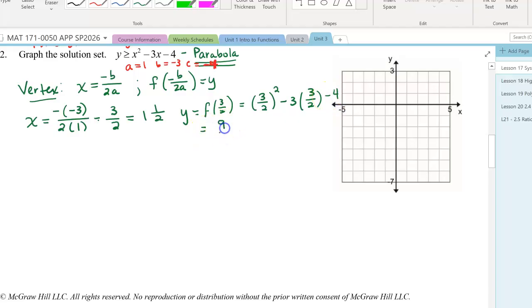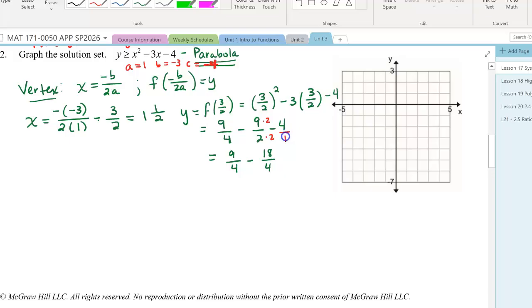Well, 3/2 squared is 9/4. 3 times 3/2 is 9/2, minus 4. And just for time's sake, I went ahead and found a common denominator. So that would be 9/4 minus 18/4, because 2 times 2 is 4, and 9 times 2 is 18.